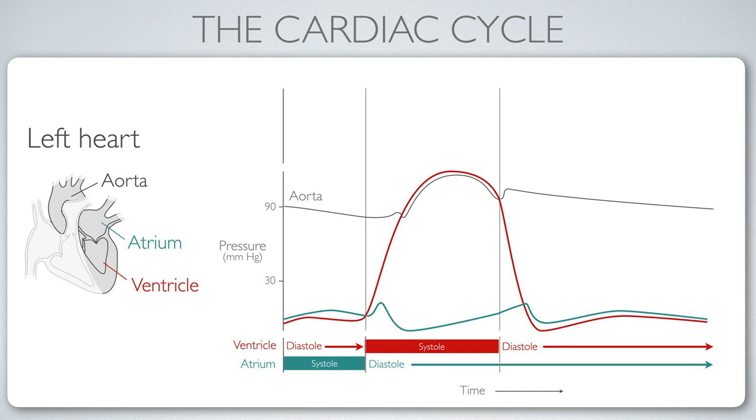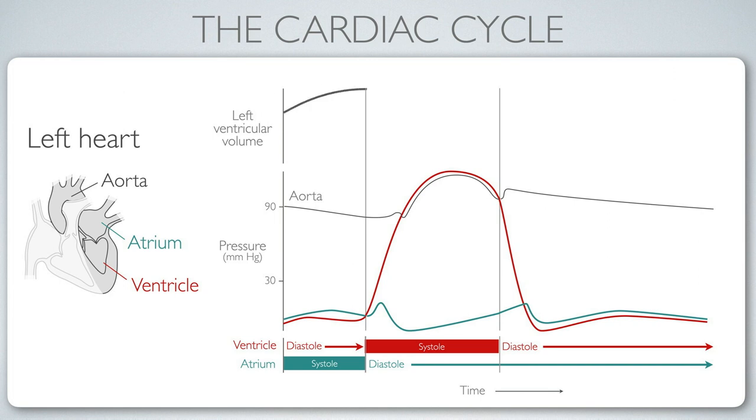Now, if we monitor the changes in the volume of the left ventricle, then we get probably what you would expect. So here we have left ventricular volume. During ventricular diastole, as the atrium is contracting, so this is, I should call it atrial systole, then we have the blood squirting from the atrium into the ventricle.